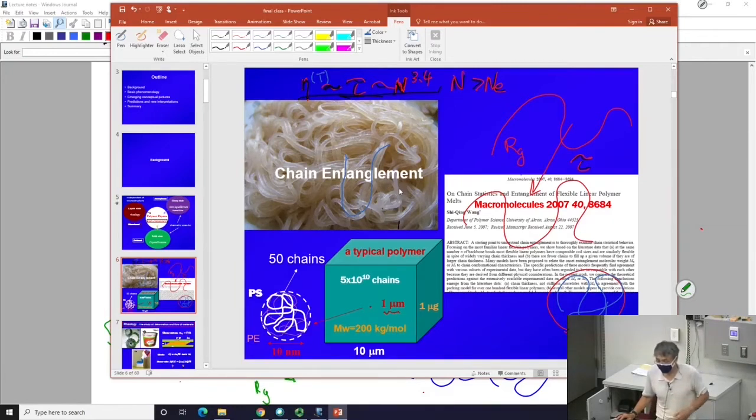When there are so many chains and they are all interfering with each other in the neighboring space, it's a mess. And then you are trying to subject that to deformation, fast deformation.